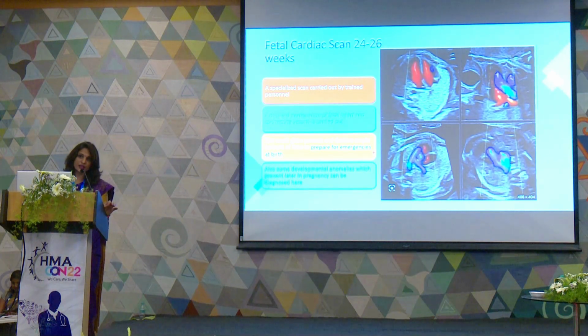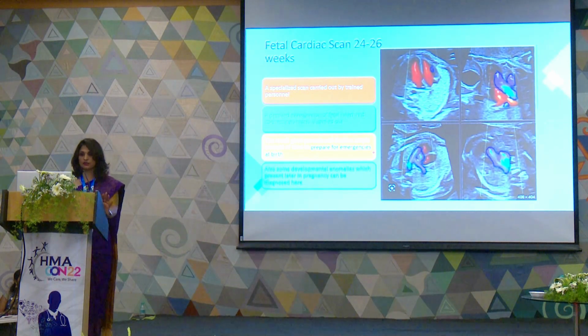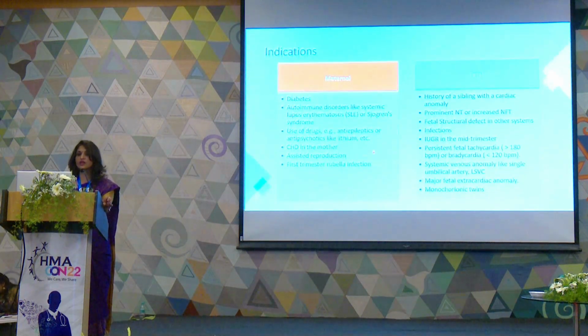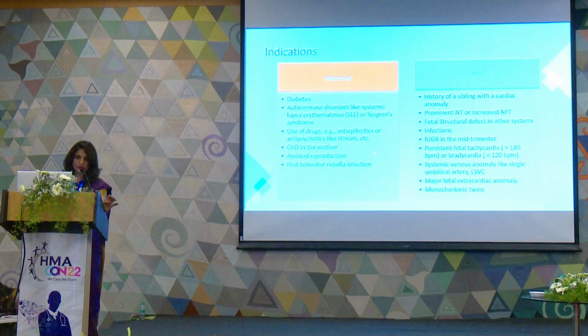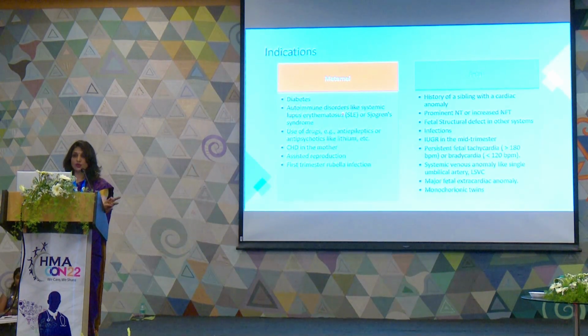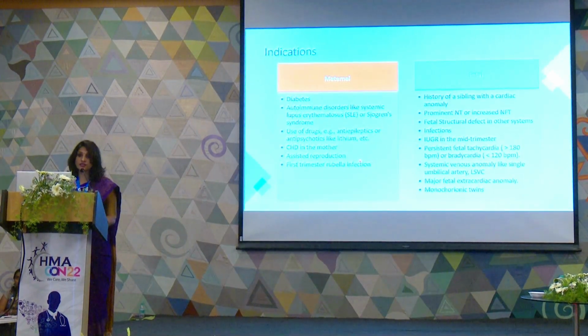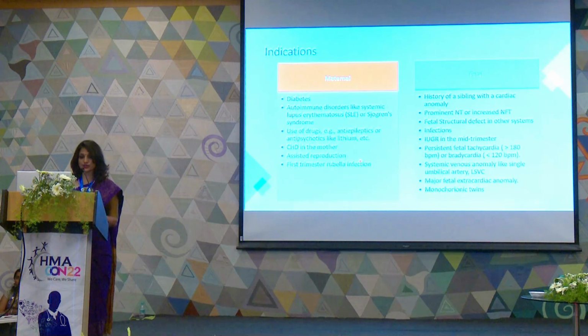Also, some developmental anomalies which are not seen in the anomaly scan at 18 weeks, we can rule out at the cardiac scan, or this is the delayed anomaly scan we can say. It has the indications of cardiac scan: maternal diabetes, autoimmune diseases, use of certain drugs, CHD in mother, assisted reproduction because they are precious pregnancies, first trimester rubella infection.